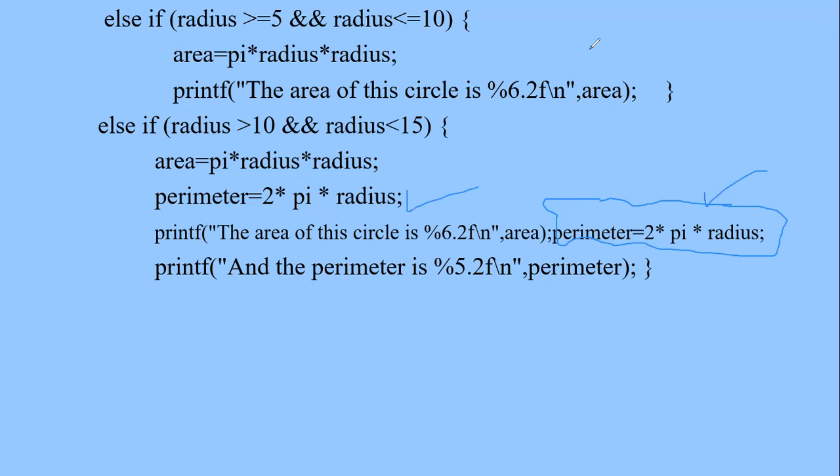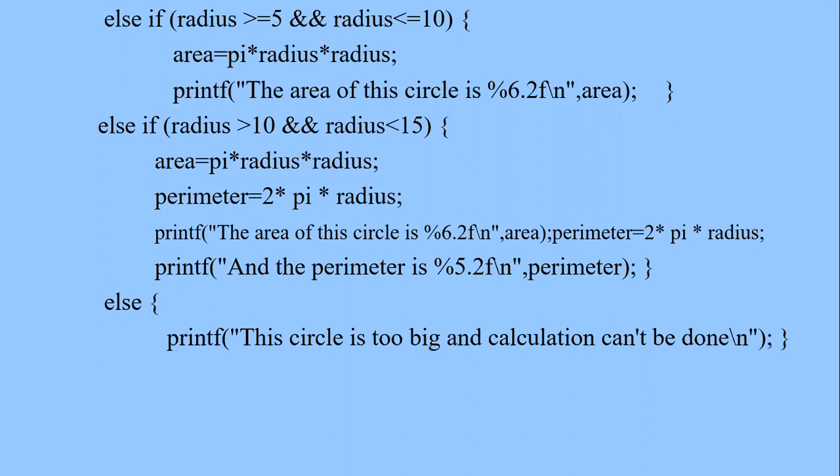Good. So after we have displayed the area and the perimeter, we also check else printf. In other words, once we have been able to evaluate first condition, second condition, and third condition, and none of them are evaluated to true, then this statement will be displayed on the screen.